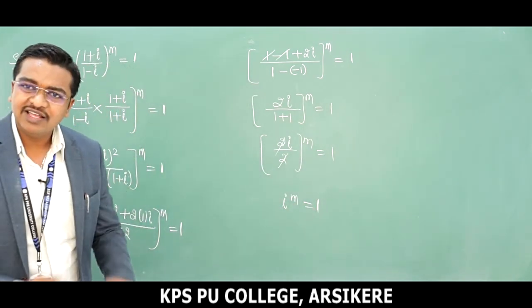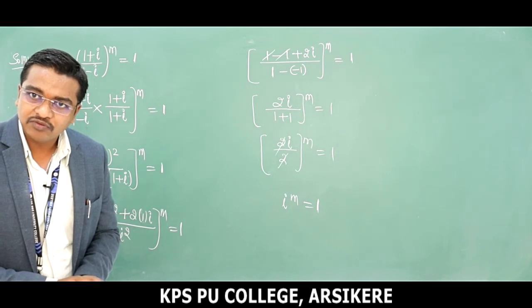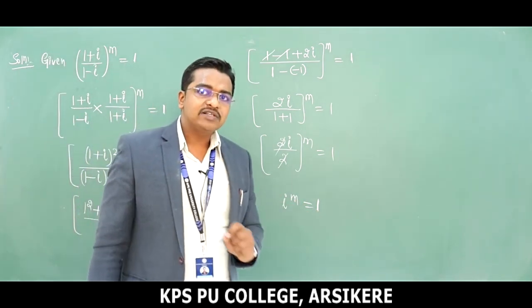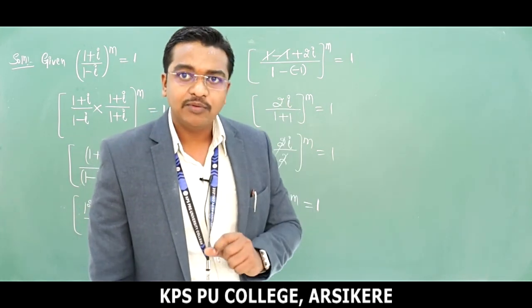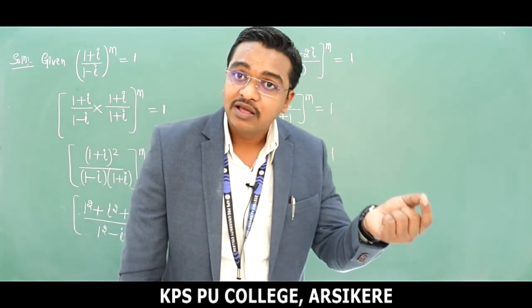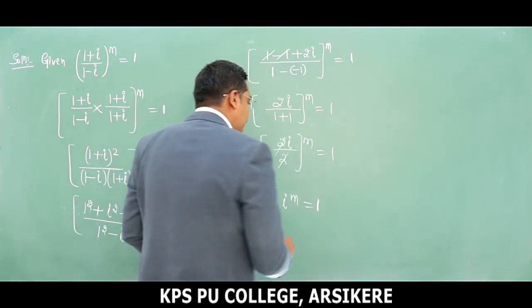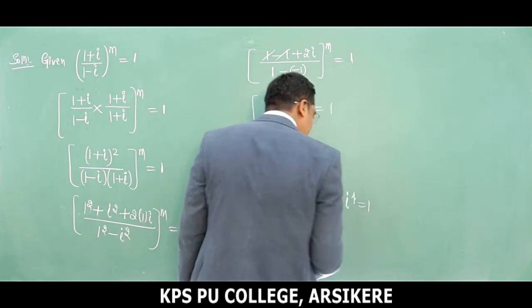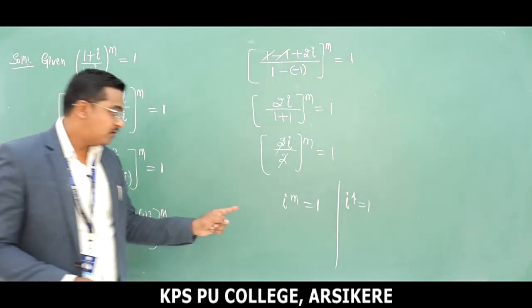Then how to find the least positive integral value? In the previous class we discussed that i power 4 is equal to 1. So we can replace 1 by i power 4.